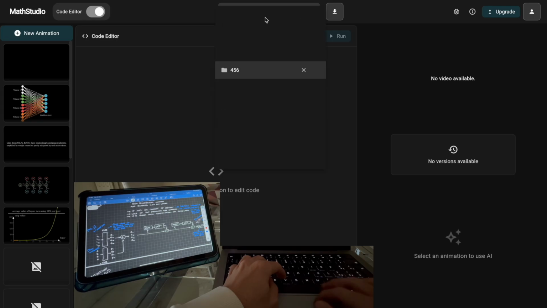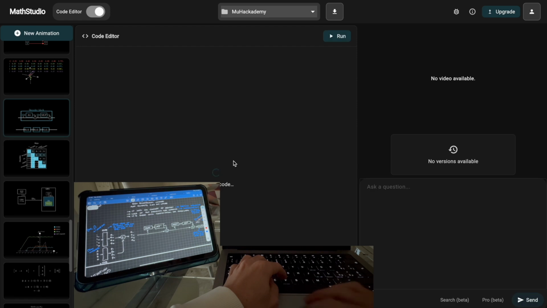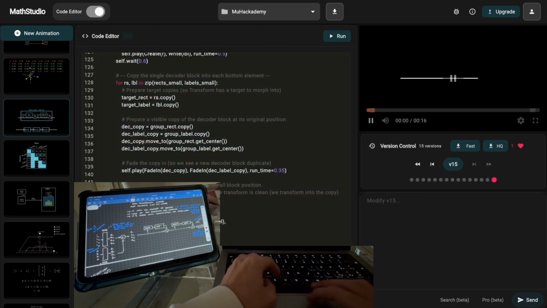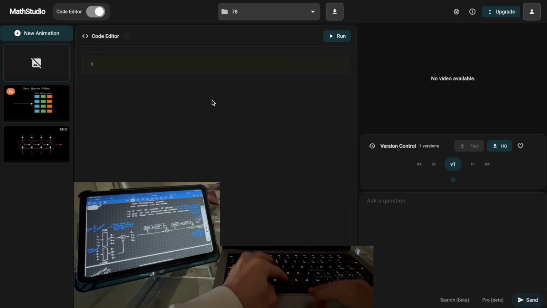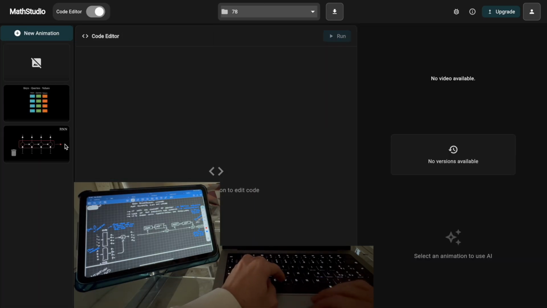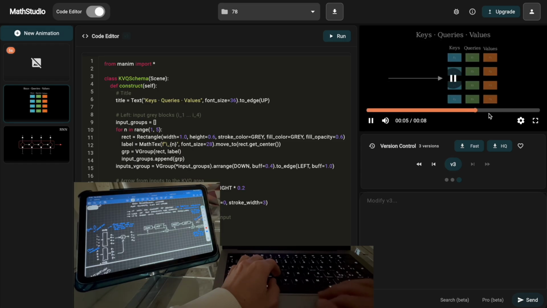An animation already made, which is probably here. This one. I'm copying it and moving it here. This is not being moved to the left. No.